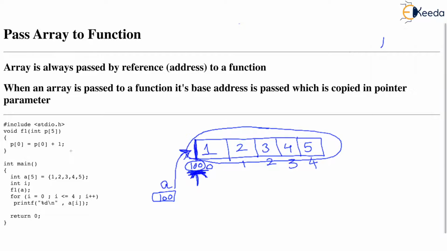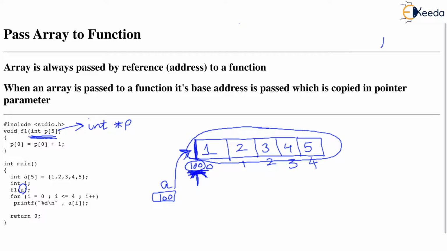What I want to say is this parameter which you have written as int p[5] will get converted, will get substituted by the compiler as int *p. Surprised?